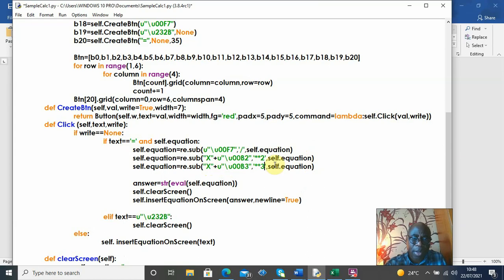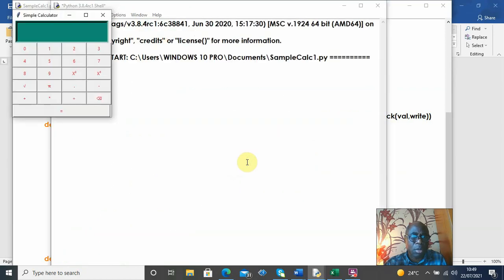And to be honest with you, you can even find, what's it called, you can find cube root as well. I think I have to demo that. I don't know whether I will be able to do that. So let's run this and check whether the cubed works. Okay, so if I type 3 cubed and press equals, it's 27.